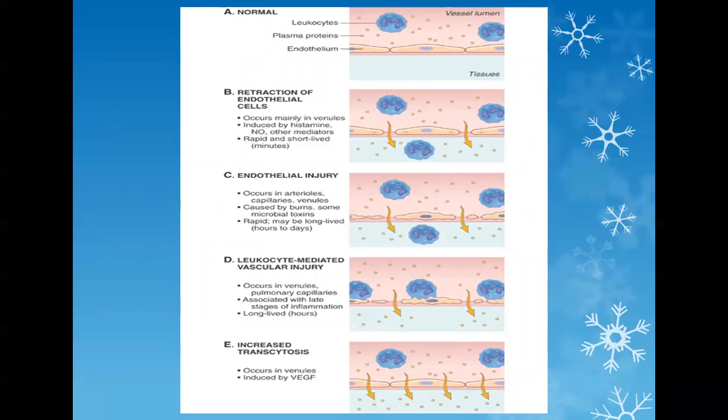Normally, you see the WBCs are in the center, then RBCs and platelets, everything. As the axial flow changes, the neutrophils come towards the endothelial cells. There is dilation and a gap between the cells, and this gap is produced by mediators, which are nitric oxide and histamine, appearing for 15 minutes to half an hour.